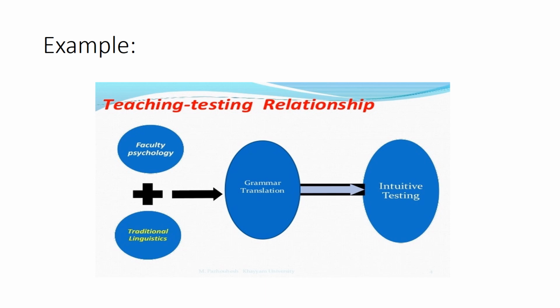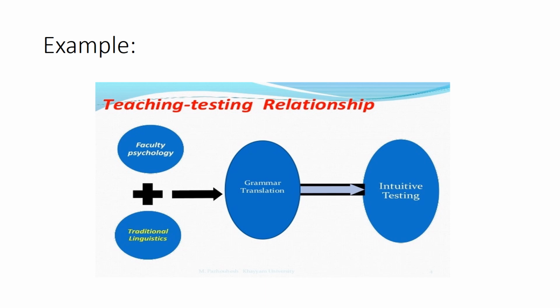this theory was combined with a theory in linguistics, which was called at that time traditional linguistics. Okay, so what is faculty psychology? The psychologists who believed in this theory at that time believed that the mind of the human being is divided into faculties, sections. Each section is responsible for a certain process.